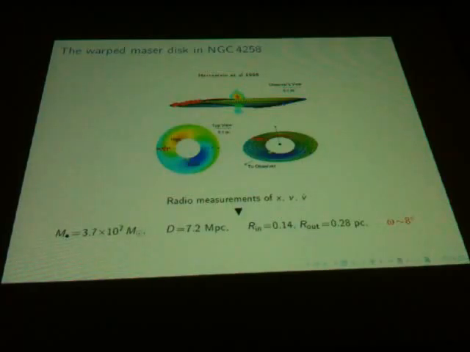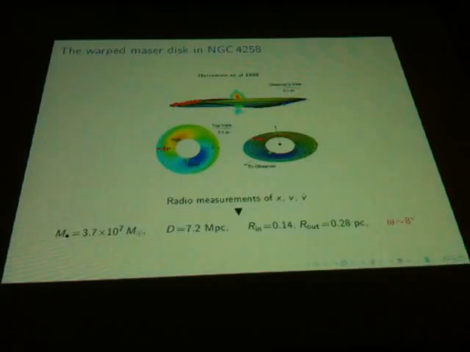Because of the very high spatial resolution of large baseline interferometry in the radio, you can actually resolve these disks. So this is the most famous case, the first discovered and the cleanest case of a nearly Keplerian maser disk, which is feeding an AGN in the galaxy 4258.